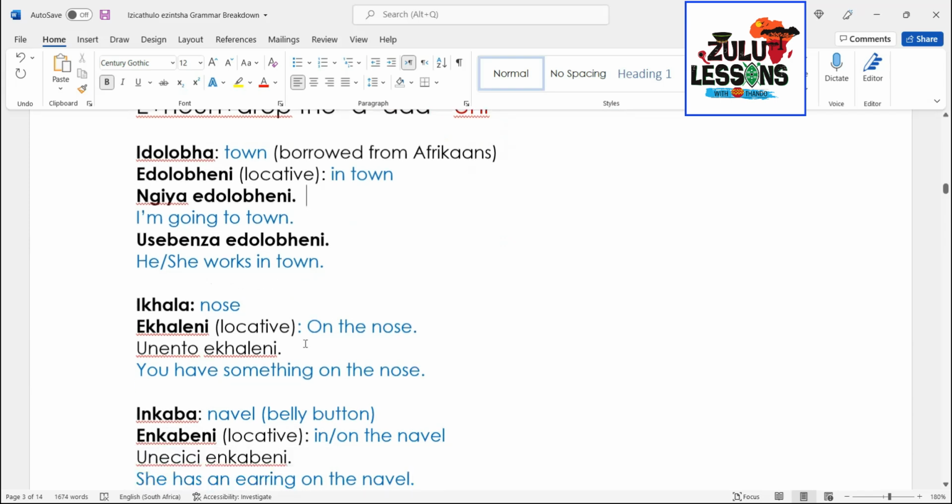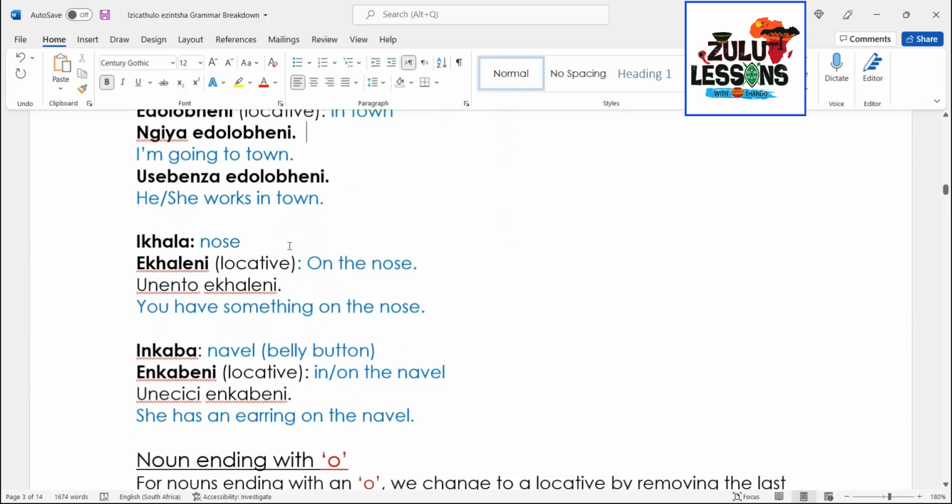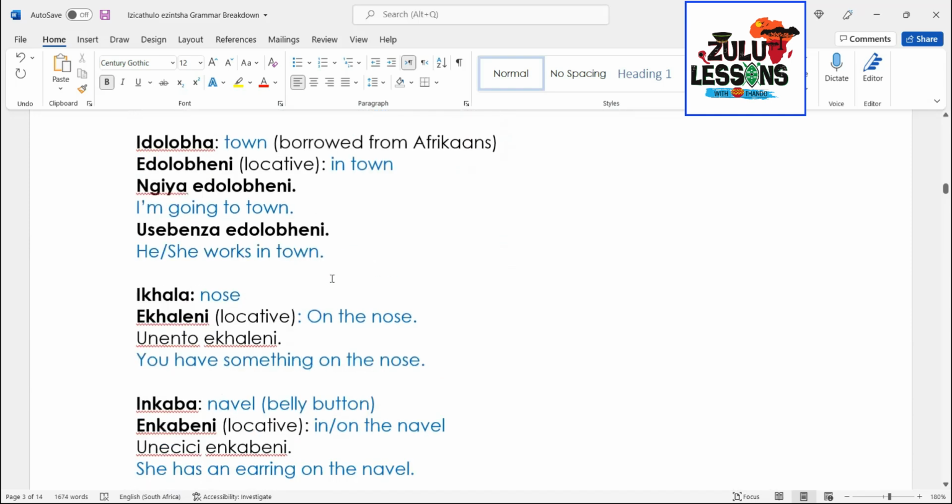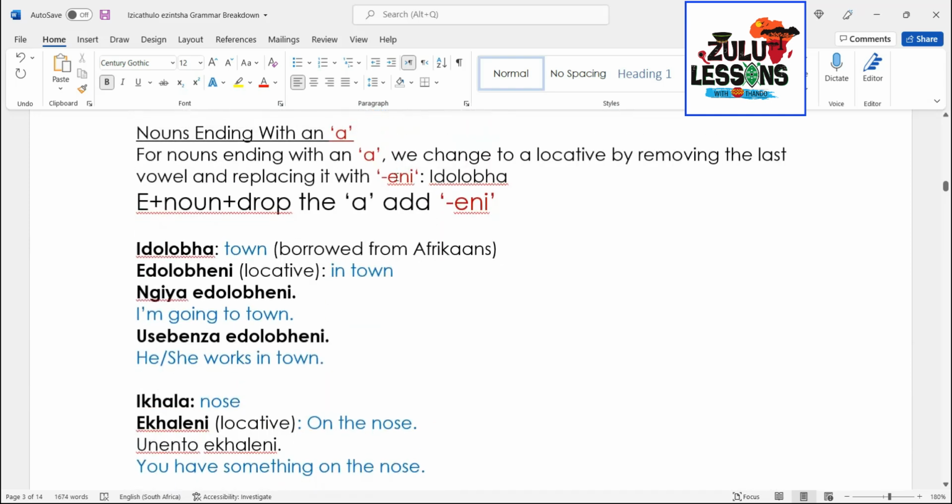There is another noun that ends with an A. Ikhala, the nose. Now we remove that last vowel A, as we said before, and we replace it with eni.